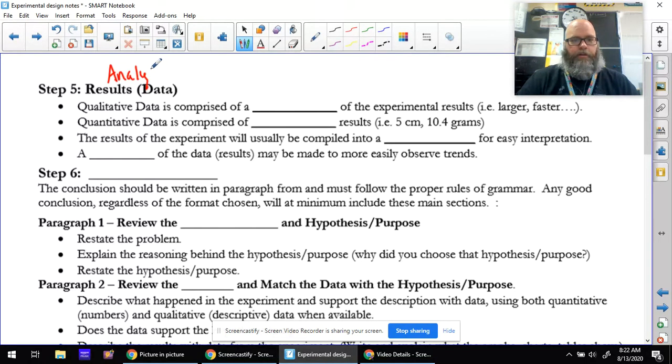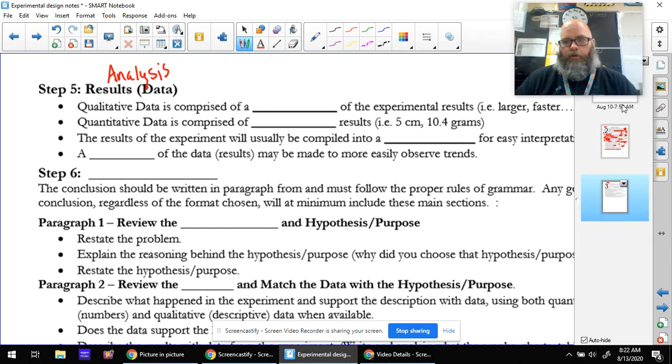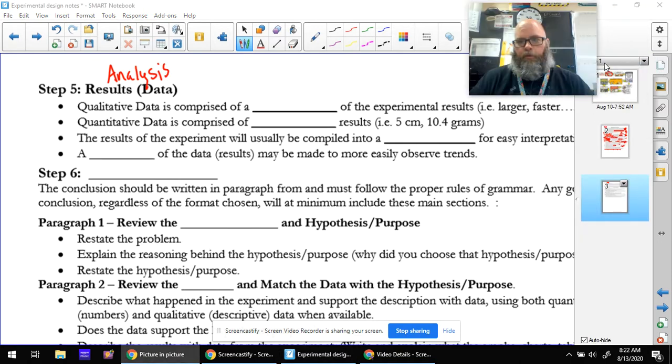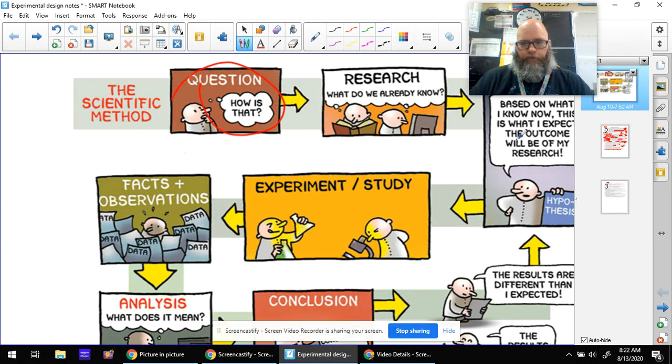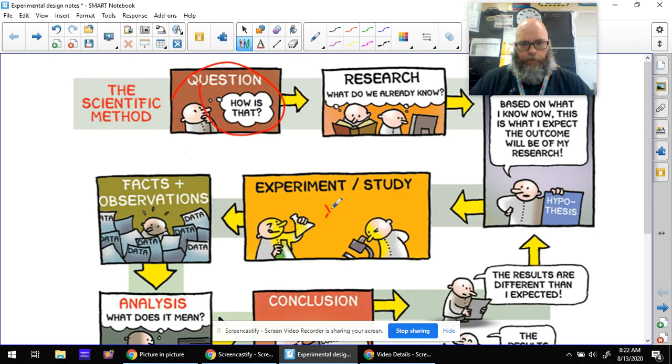Okay, in the scientific method, we have worked our way through this experiment. This is where we have our independent variable, our dependent variable, all of our constants.